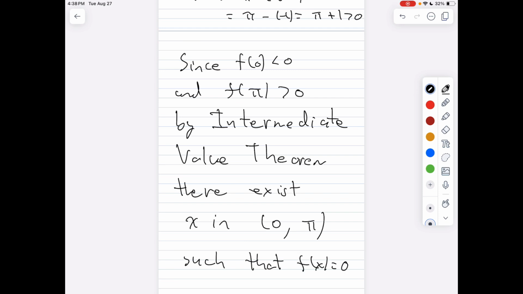Okay, so again, if your endpoints give you two y values, then your function can attain any y value in between. And in particular, when we're asking questions about finding zeros, f of x equal to 0, the way the intermediate value theorem is applied is by picking a closed interval for which the function is negative at one endpoint, then positive at the other, or vice versa, switched around.